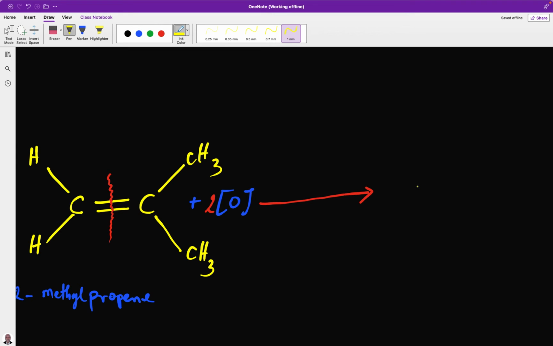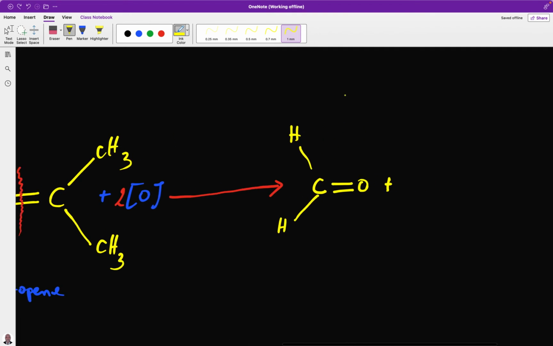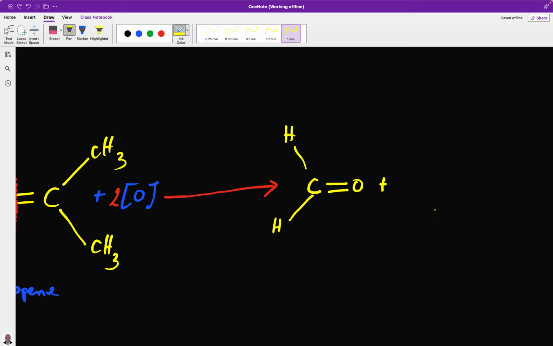We will have this carbon here with the 2 hydrogens, plus this other one.